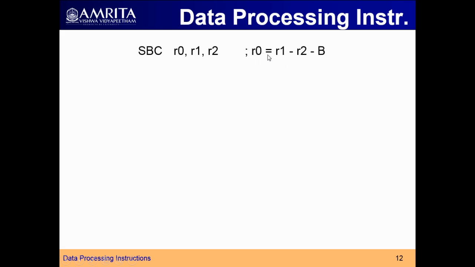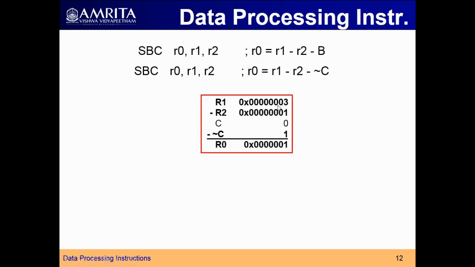R0 equal to R1 minus R2 minus B. How will you rewrite this equation? It is the same as R0 equal to R1 minus R2 minus not of C, because borrow is nothing but not of C.